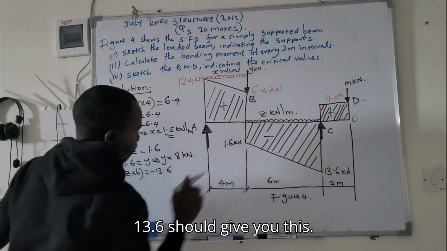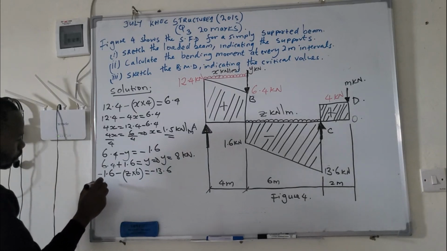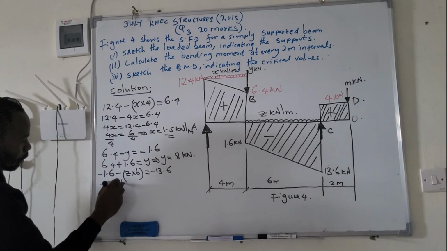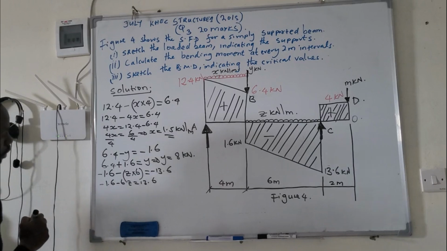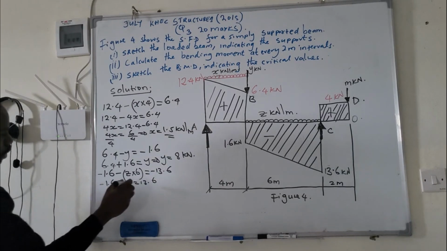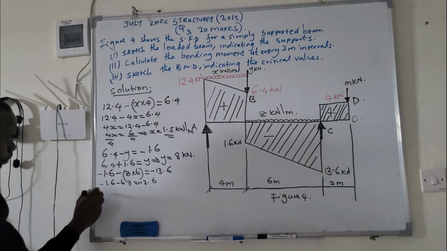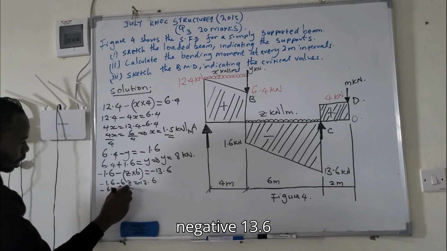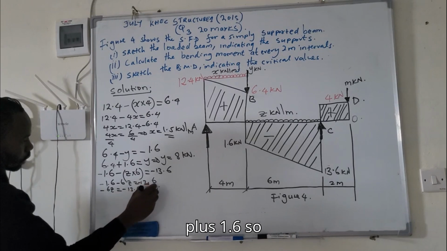So negative 1.6 minus 6Z should give you negative 13.6. So negative 6Z should give you negative 13.6 plus 1.6.